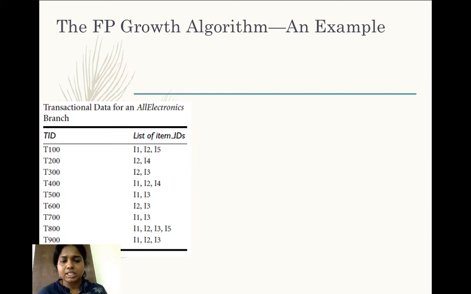Now imagine this is my FP. This is the same set of transactions which I had earlier. When I am trying to construct the tree, I am going to scan transaction by transaction. For every transaction I am going to add some nodes inside a tree. So when I start with my tree construction, I am going to start with the null node.